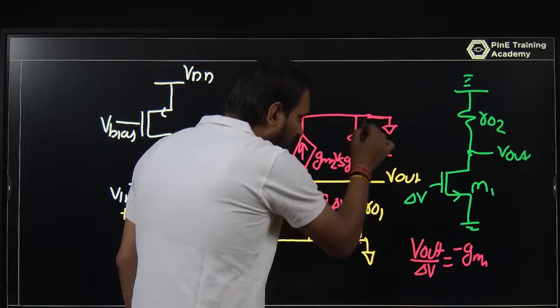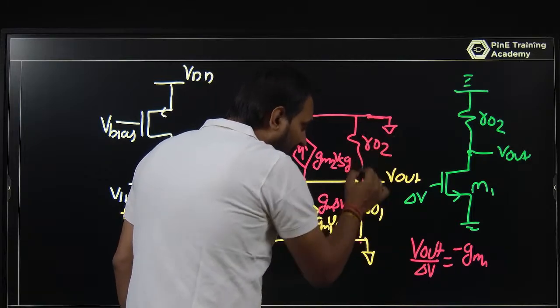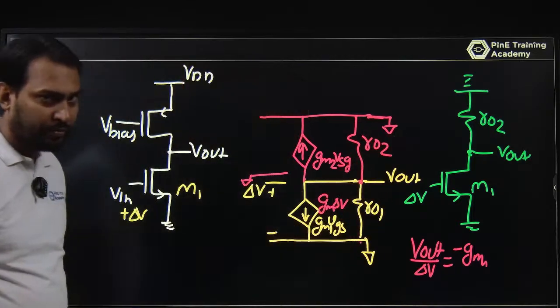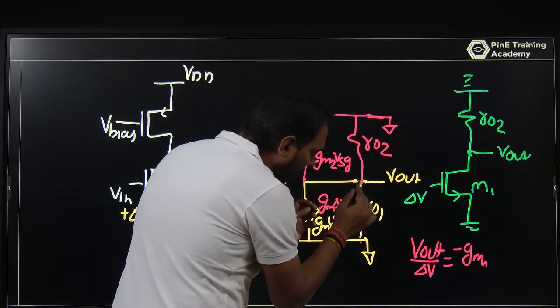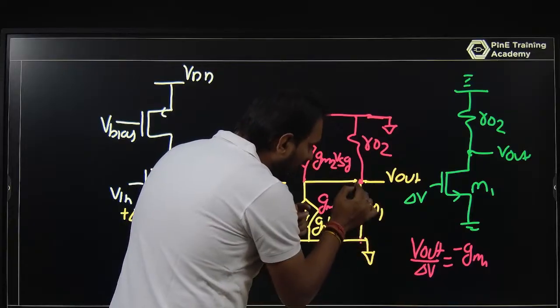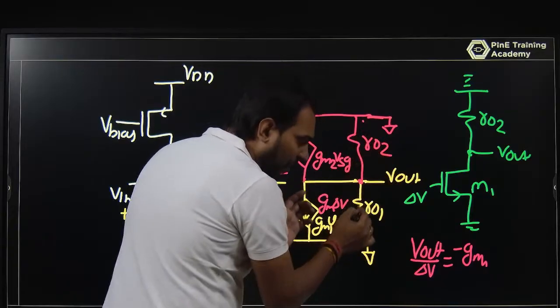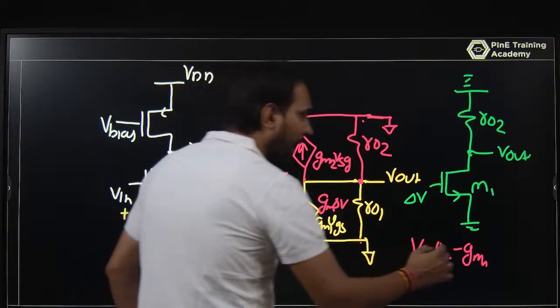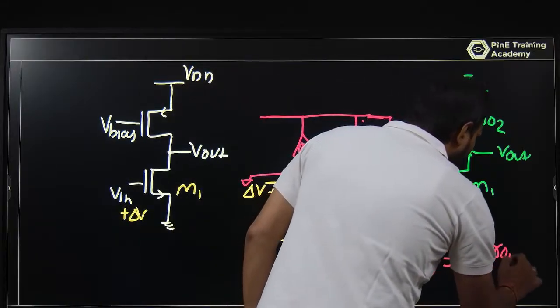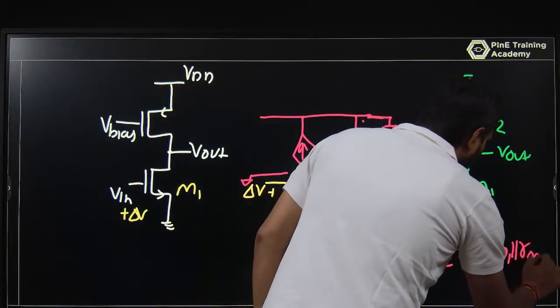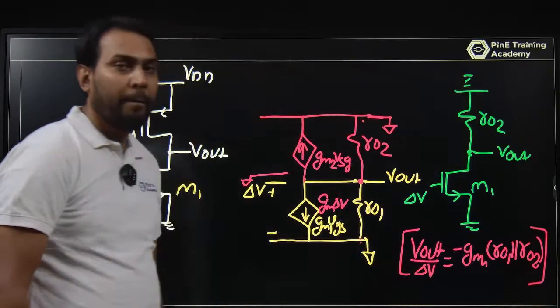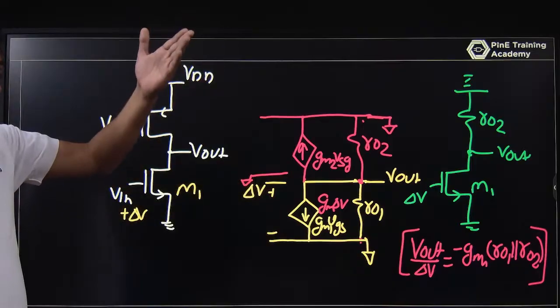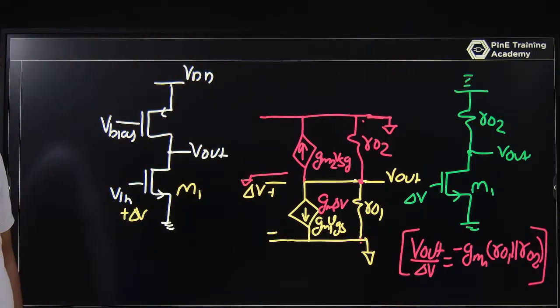This is R02 with respect to ground. Basically, R01 and R02 are in parallel. Looking at it this way, the node V out to ground is R01, and V out to ground is R02. So R01 parallel to R02. So the gain is minus gm1 times R01 parallel R02.